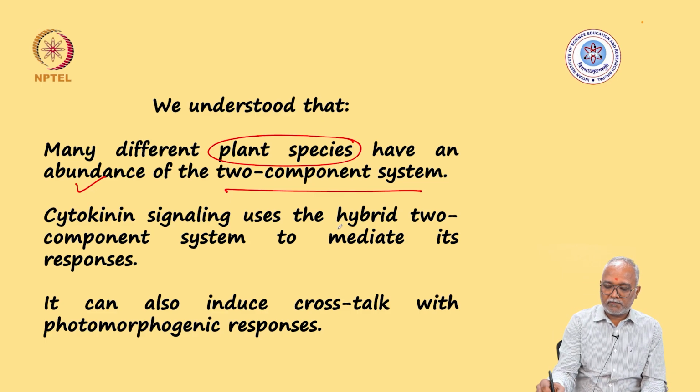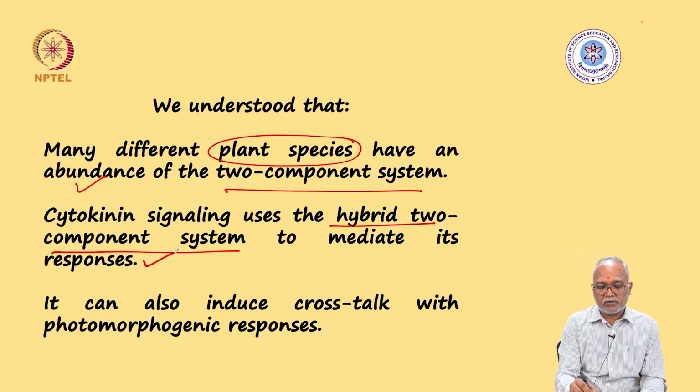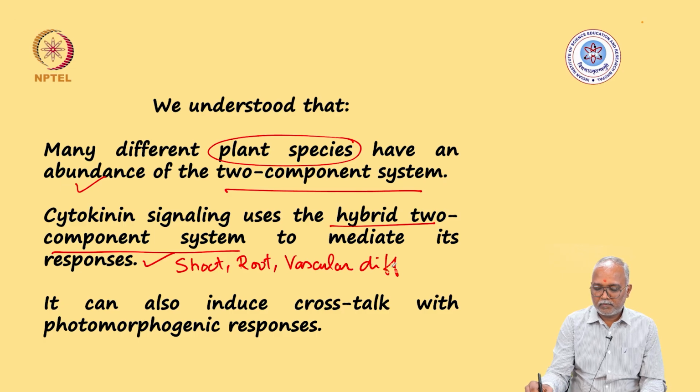The two component system, which is hybrid type utilized by cytokinin, mediates multiple responses, whether it is shoot development, root development, vascular differentiation, or meristem maintenance.